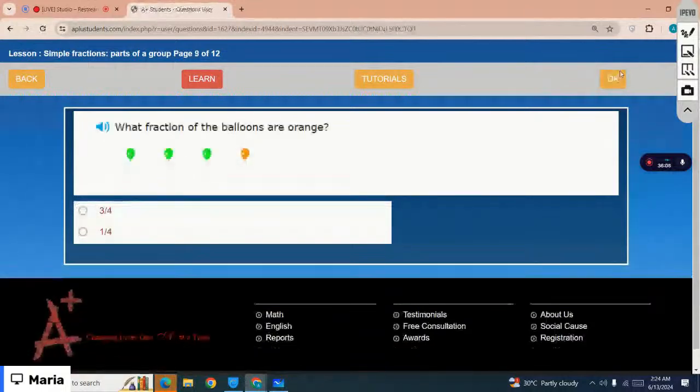What fraction of the balloons are orange? Yes, that is 1 out of 4.